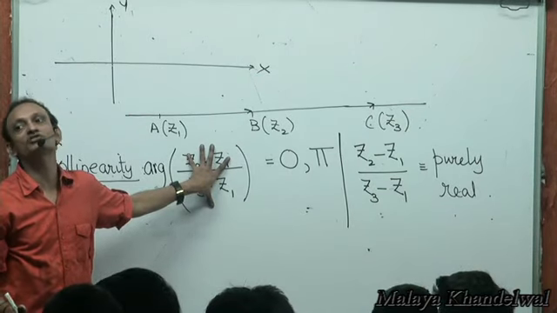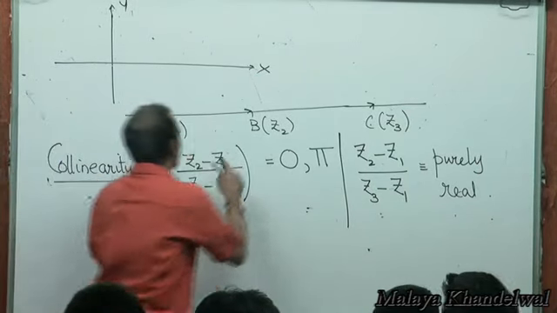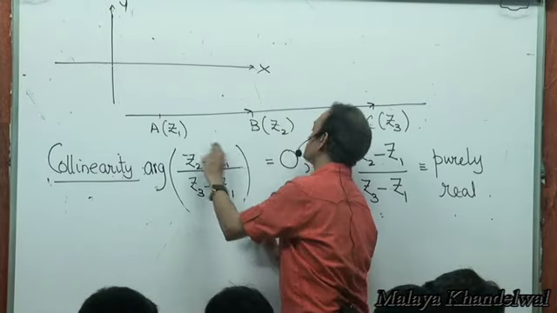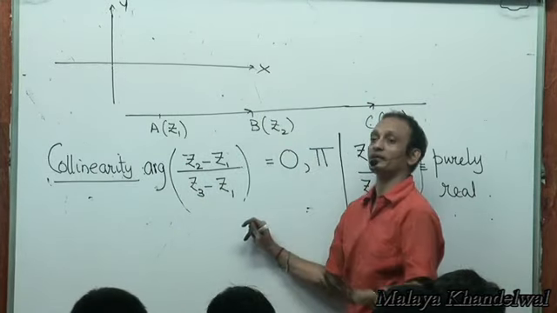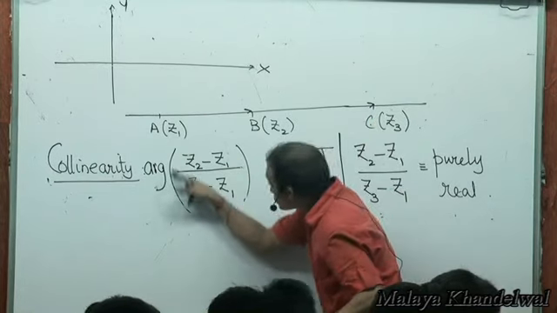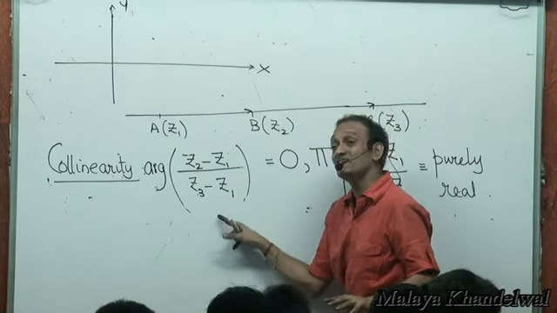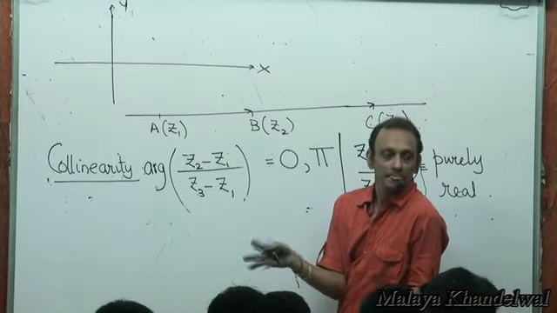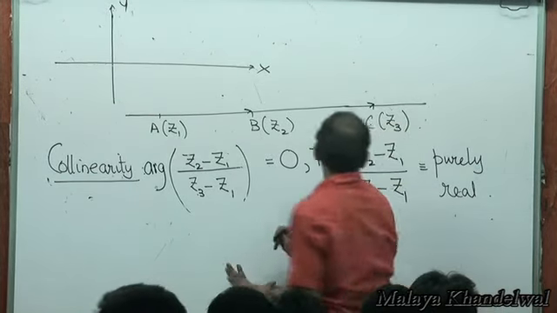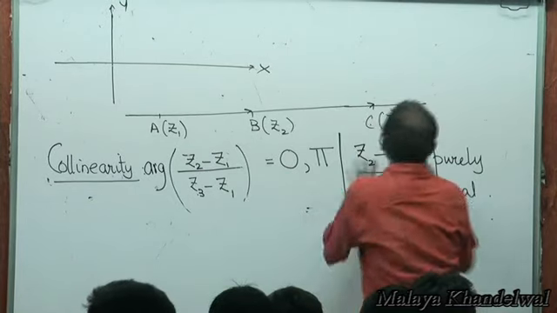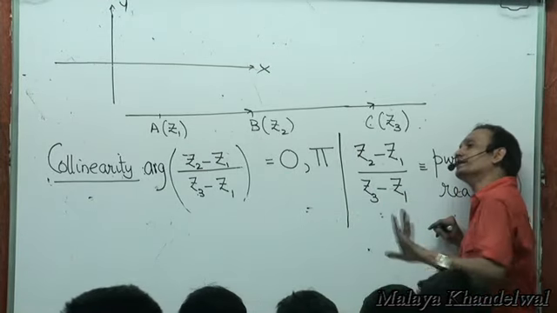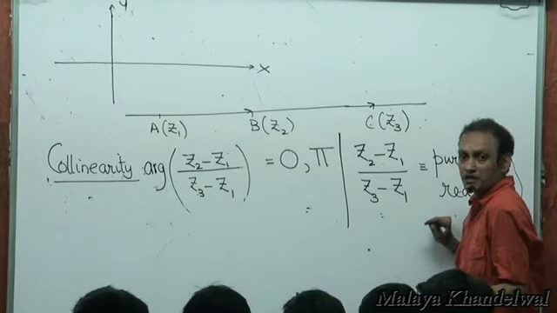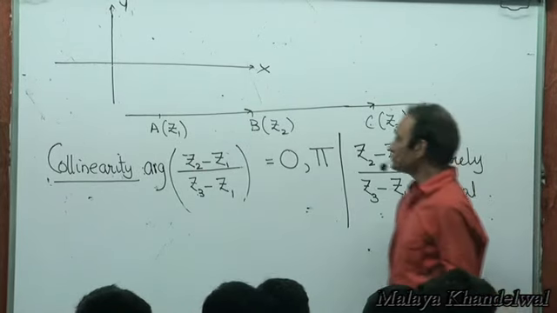I never said Z1, Z2, Z3 lie on the x-axis. I said this is a complex number whose argument is 0 or pi. So then this complex number, we call it Z, must lie on the x-axis. And if it lies on the x-axis, it must be a purely real number, because its y is 0, that means its imaginary part is 0, right?